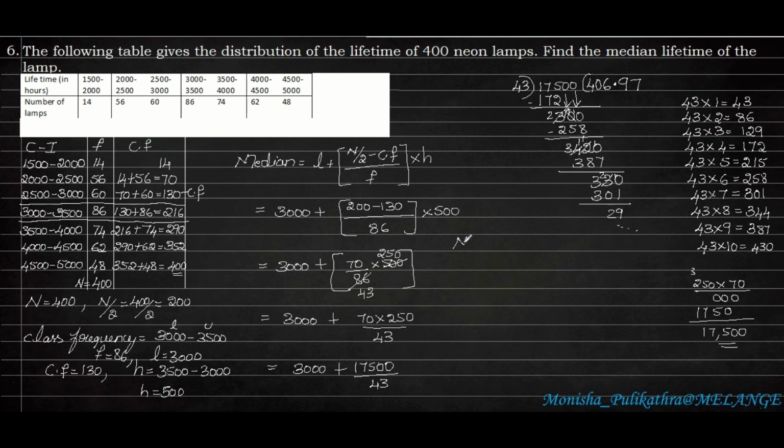Okay. So median is equal to 3000 plus 17,500 divided by 43. We will get 406 plus 0.97. So we need to add these things. That is 3000 plus 406.97. So when we add, we will get 3406.97.